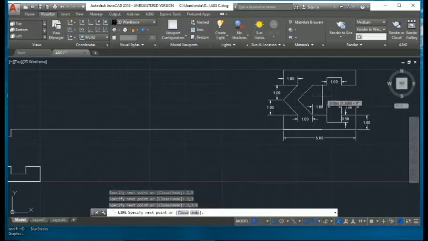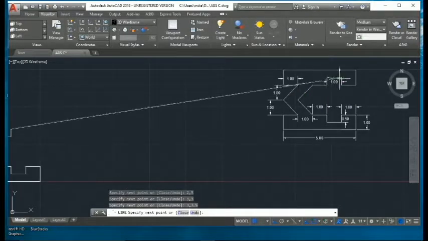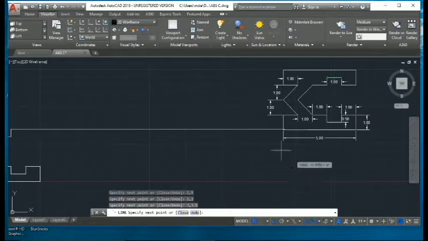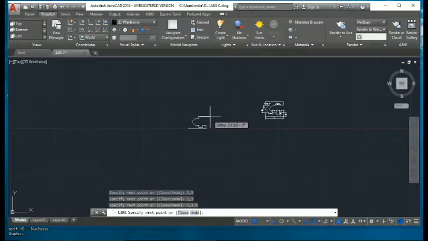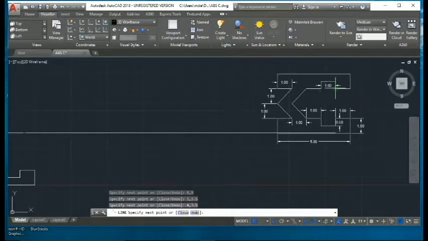The next point, this point, will be 4 horizontally and 3.5 units vertically. So type 4, 3.5, enter. Next point is this point, whose coordinate value will be 4, 3.